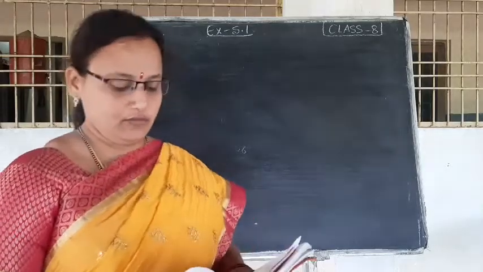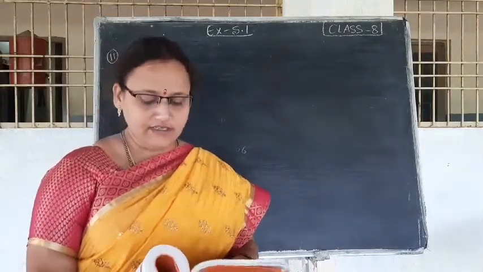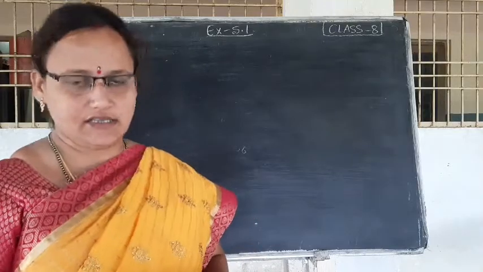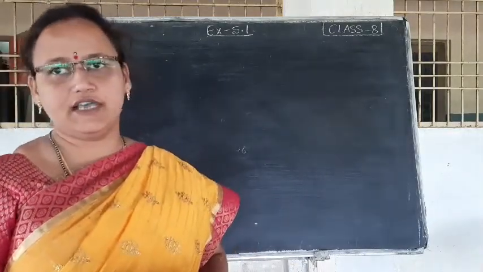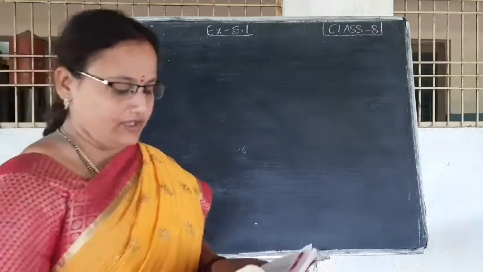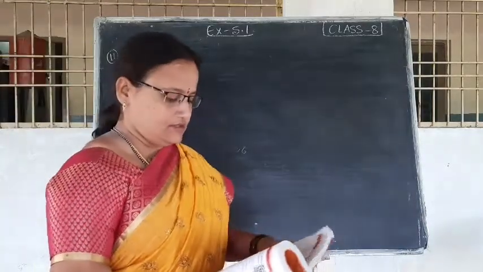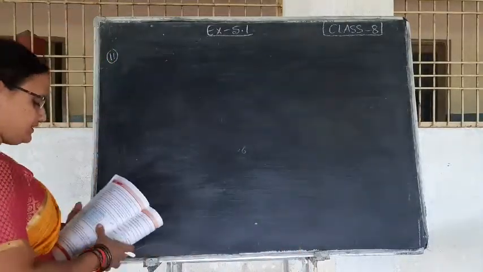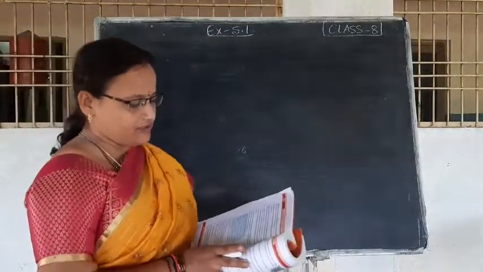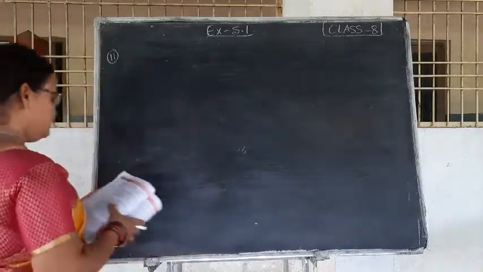So here is the table given, with the original price and the changed price. Original prices of each item are given and you have to find the changed price according to the given data. The original price of rice is 30 rupees and rice is reduced by 5%.